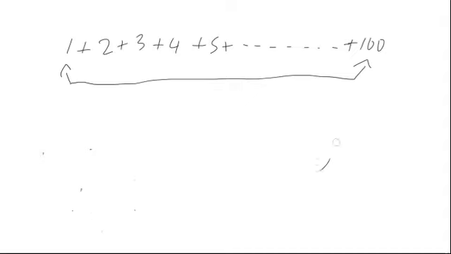So, the average of all of those numbers, there's 100 of them, the average of all of them is 1 plus 100, so that's 101. So 1 plus 100 is 101, divided by 2. Hey, we know what the average of all these guys is. What's the average?